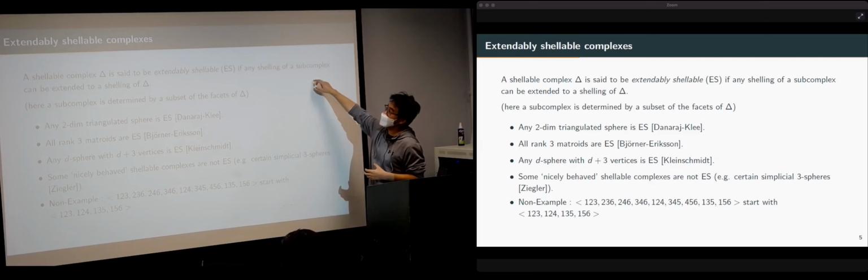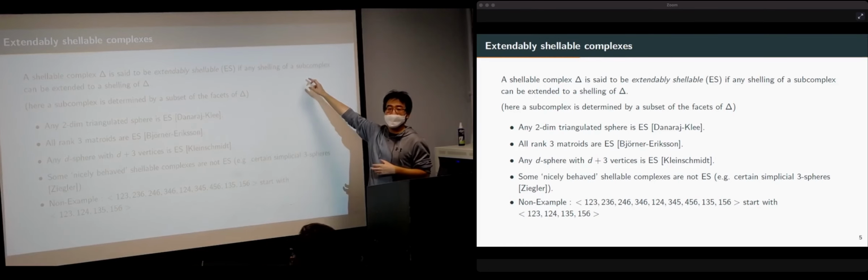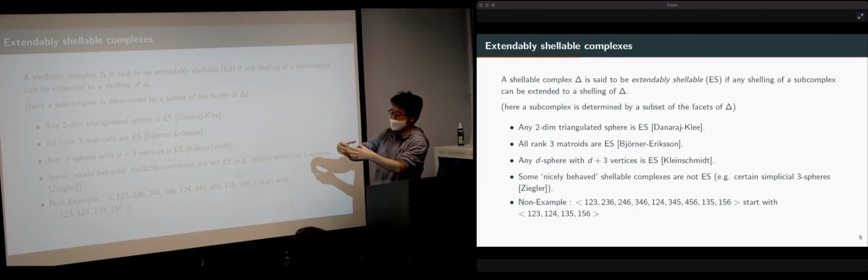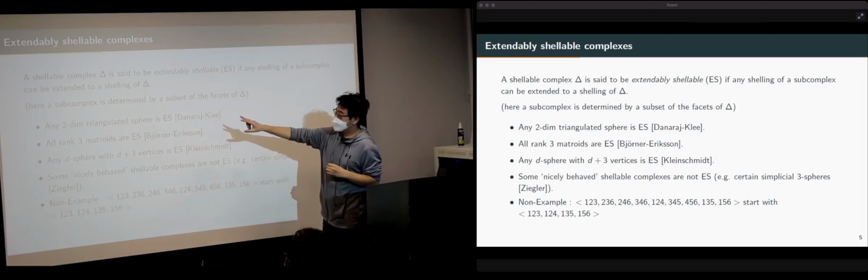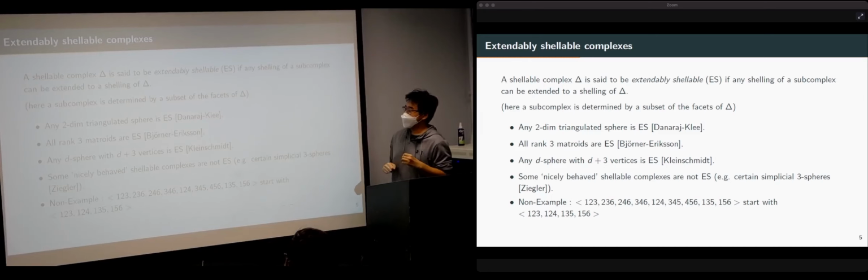In other words, can a shelling order be obtained in a greedy way? If you have a shelling of some smaller thing, can you always complete that to a shelling order of your complex? What is known regarding extendably shellable is that, first, any two-dimensional triangulated sphere is extendably shellable.